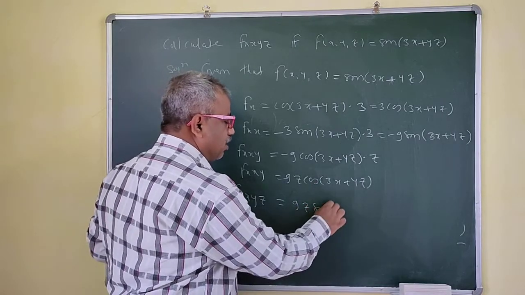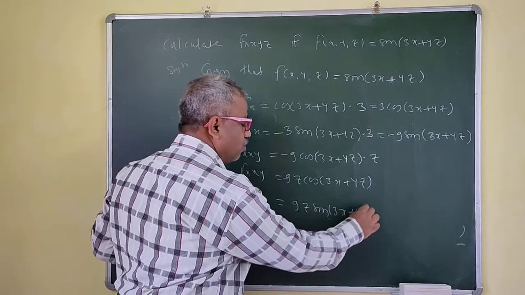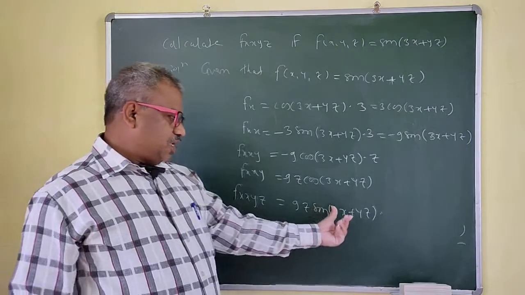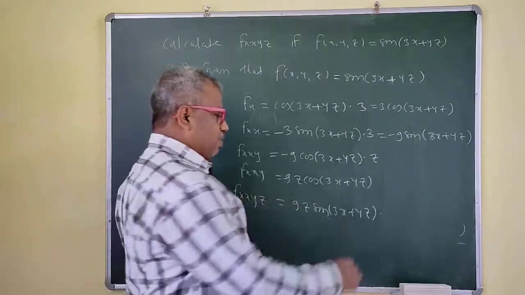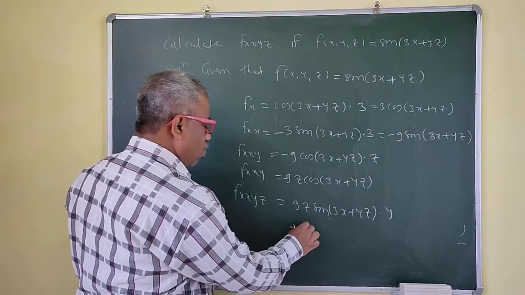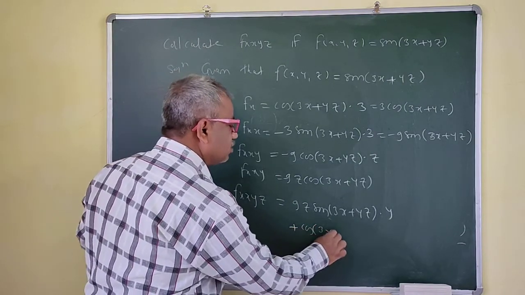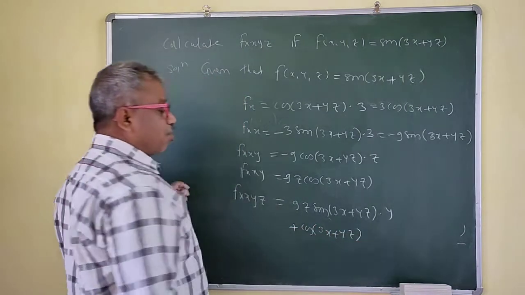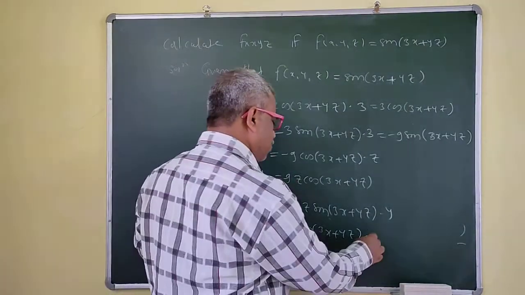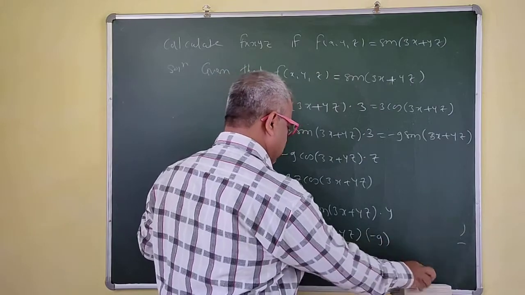This is sine of (3x plus yz) into the derivative of something with respect to z, which is y. Plus cos of something as it is into the derivative of minus 9z with respect to z, so this is minus 9.